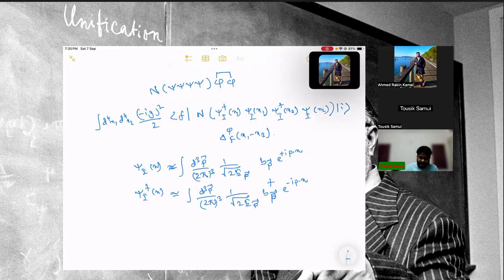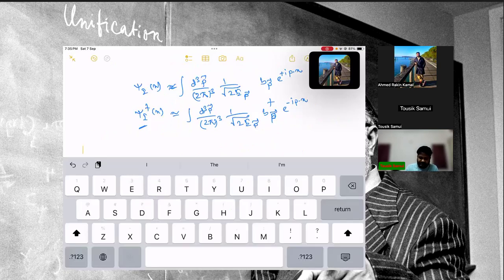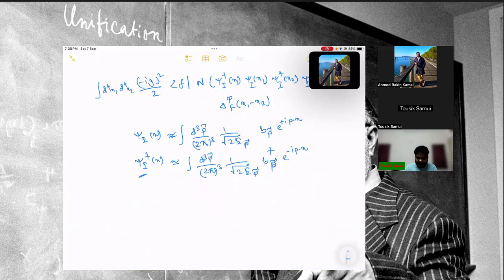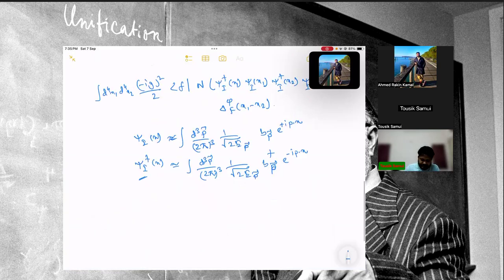If we now take the normal ordering, we can see that only psi dagger will contribute via the B dagger operator, and psi will contribute via the annihilation operator, and then our expression becomes very simple.